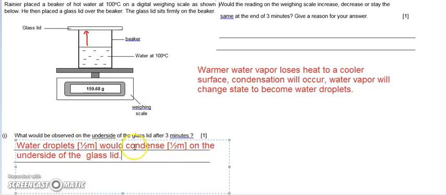Water vapor would condense on the underside of the glass lid to become water droplets. Okay, so water vapor would condense on the underside of the glass lid to become water droplets.